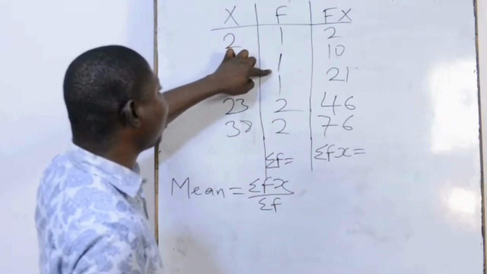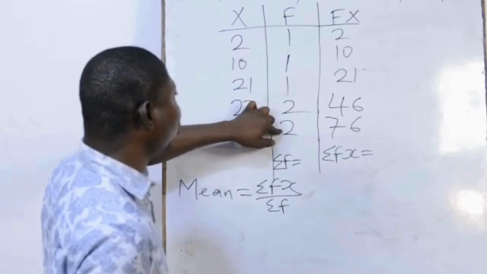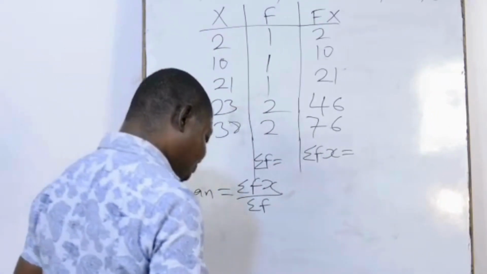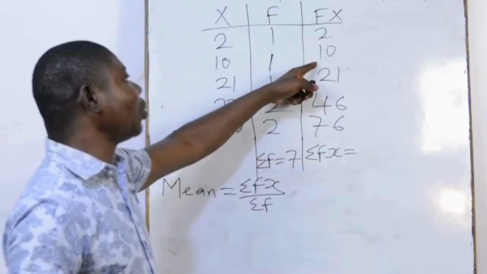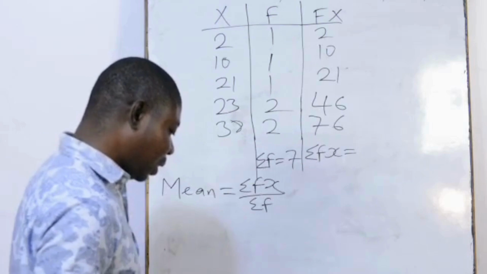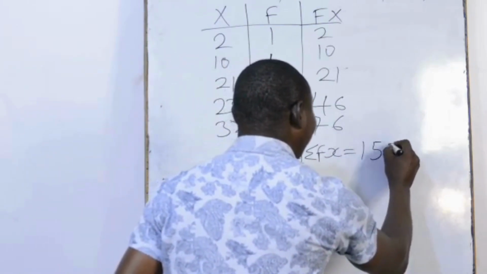Let's add this together. 1 plus 1 plus 1 plus 1 plus 1 plus 2 plus 2 will give us 7. So you will write 7 here. Then 2 plus 10 plus 21 plus 46 plus 76 will give us 155.